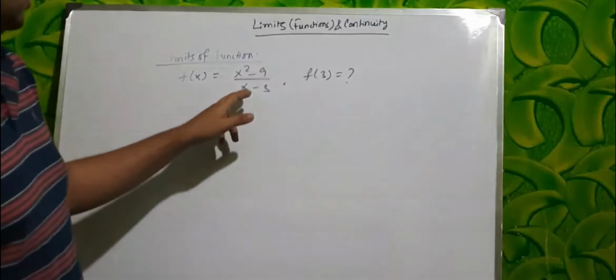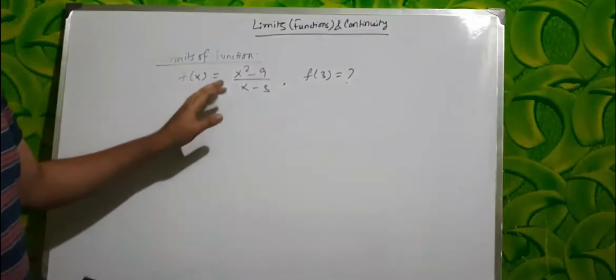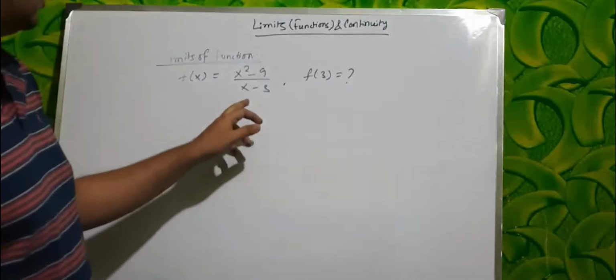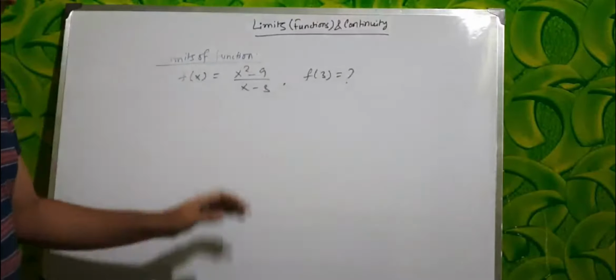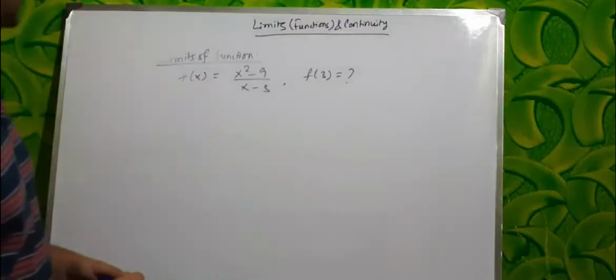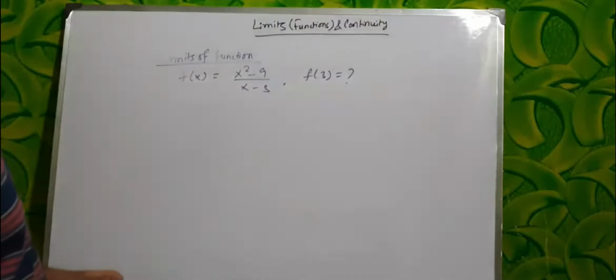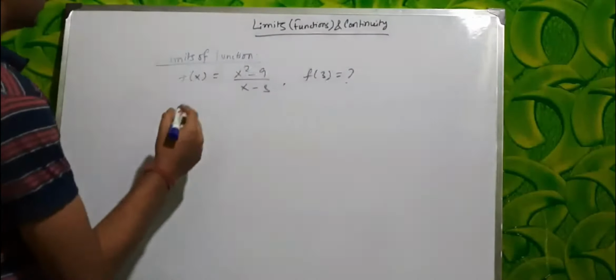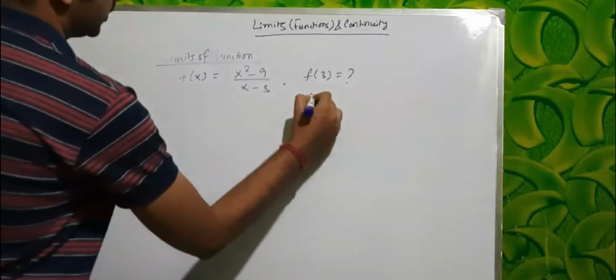If we put x equals 3 in this function, we will get 0 in the denominator, which will make the functional value undefined. So what we do in that case is see the limiting value of the function at x equals 3.